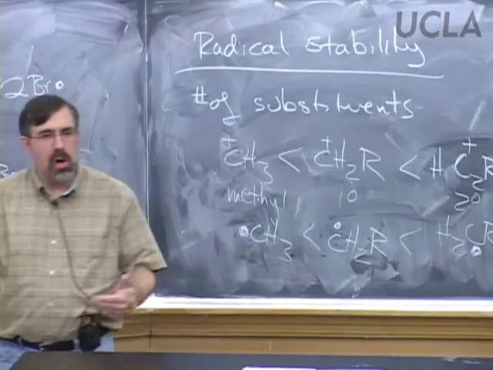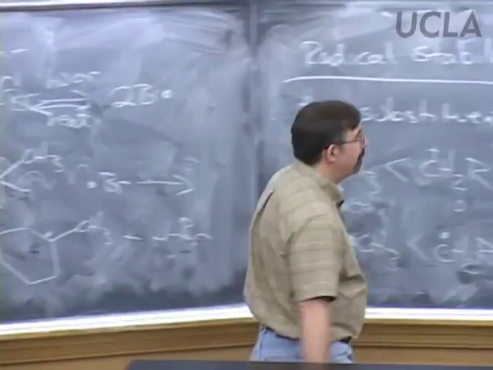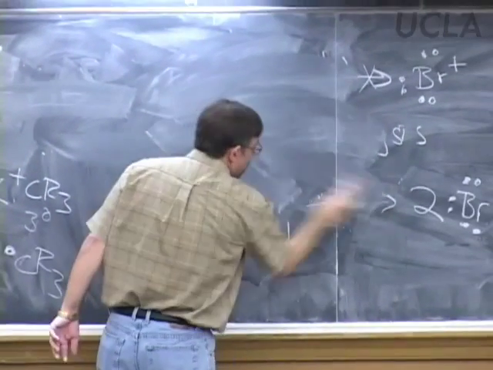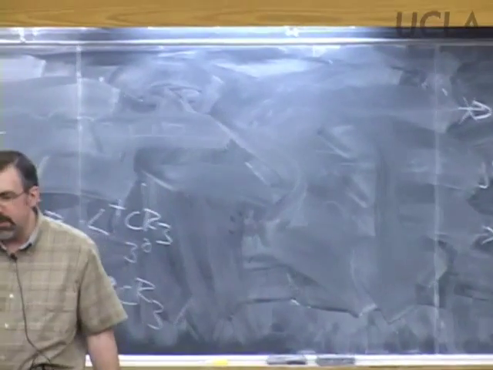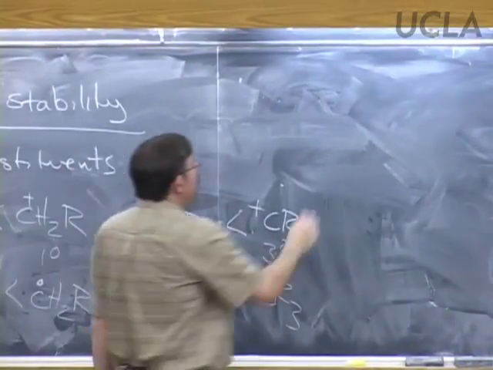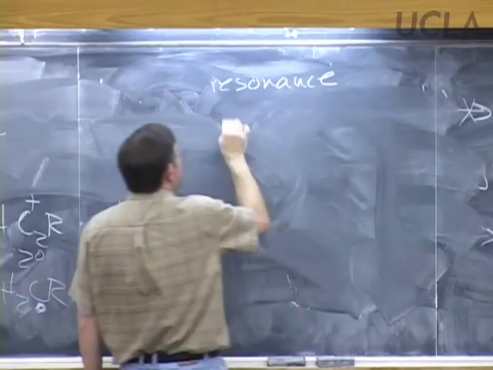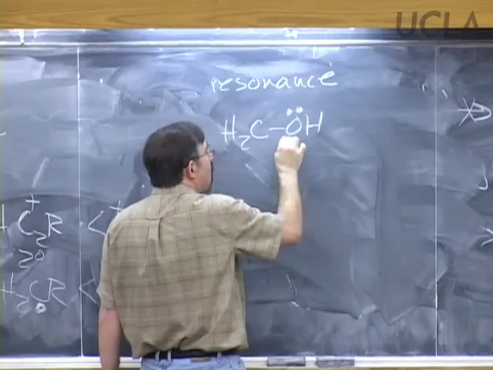What else did we talk about when it came to stabilizing carbocations? Yeah, resonance. It wouldn't be a day in 14D without talking about resonance. So how does resonance work for carbocations? Let's see, here is a resonance carbocation case.